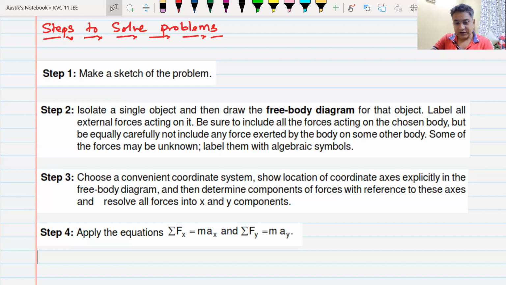Now, let us start with the most simple and the most basic problem. And we'll try to solve it using these steps. Everyone is ready? Everyone has noted this down. I'll give you 1 minute while I draw the diagram of the next problem.